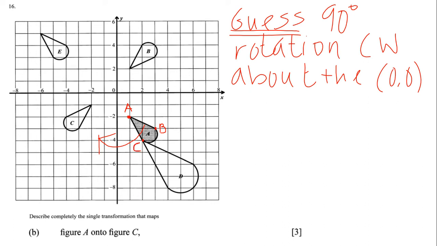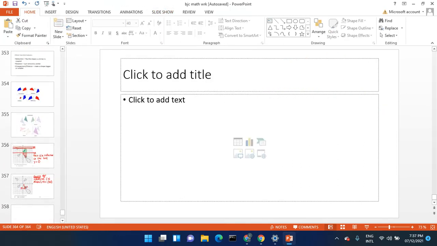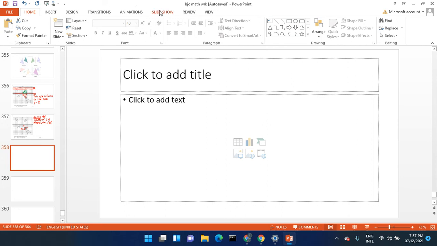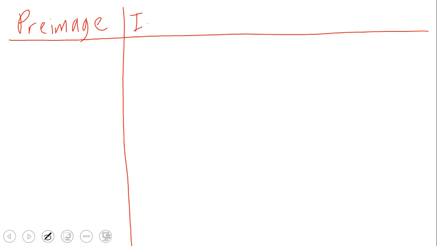All right, so let's do this. We know that we're going to have a pre-image, and we have the image.